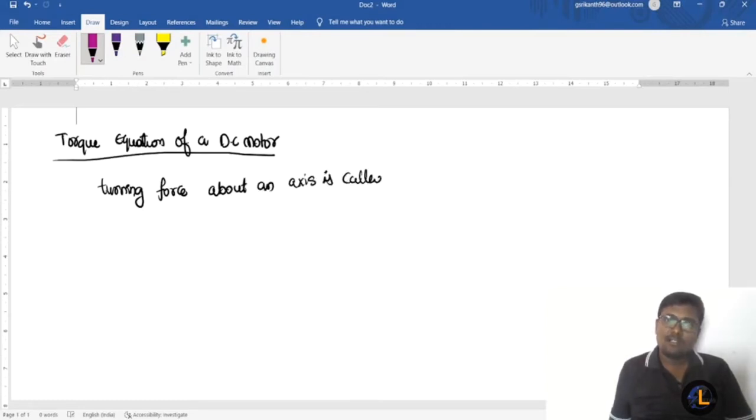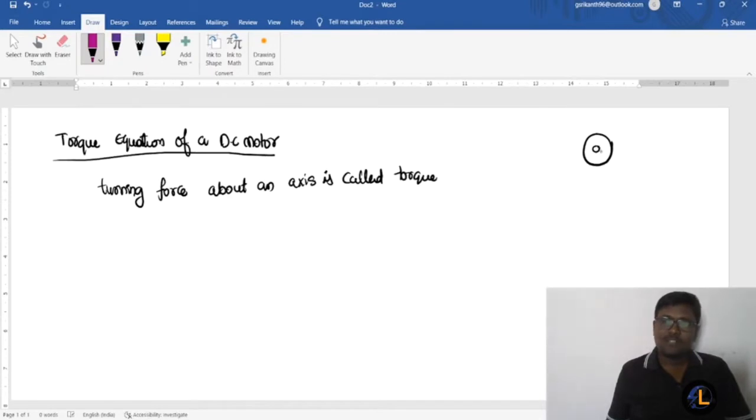It is called torque. So if a wheel is connected to the shaft of the DC motor, and the wheel radius is R. Suppose the wheel rotates in a clockwise direction, that means the armature is rotating in a clockwise direction. The force which is developed is in the downward direction.